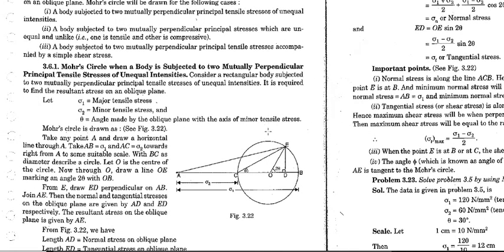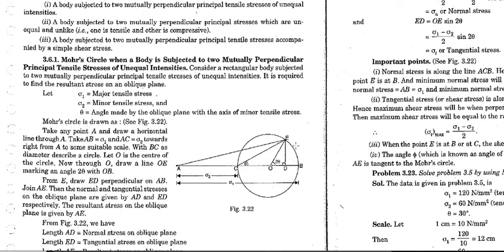And the last one is the resultant stress. If you consider this triangle I'm talking about, this is the hypotenuse, this is AD, and this is DE.